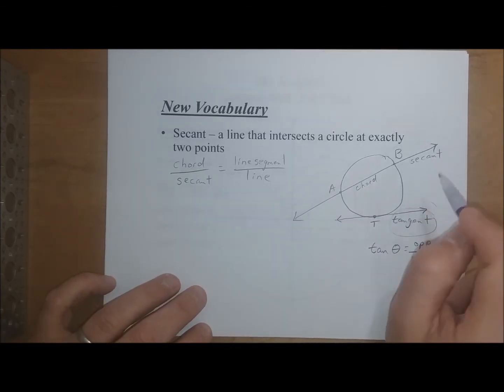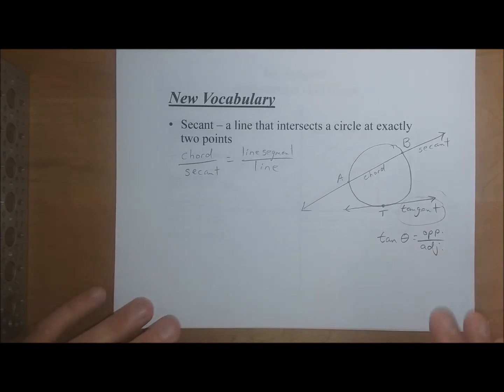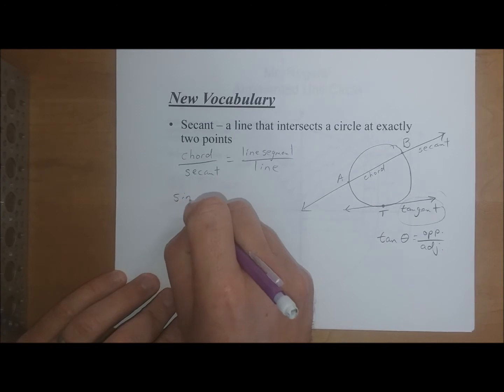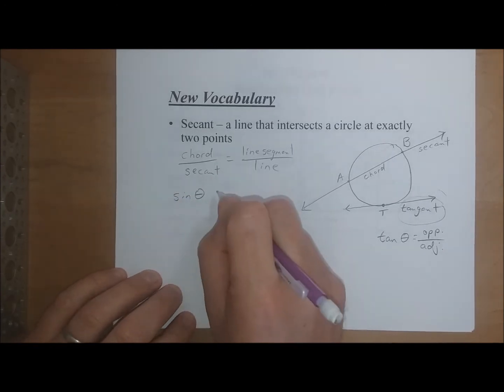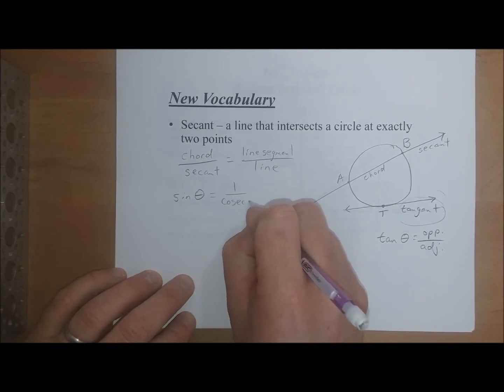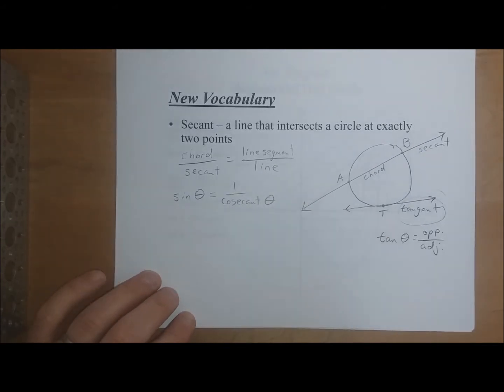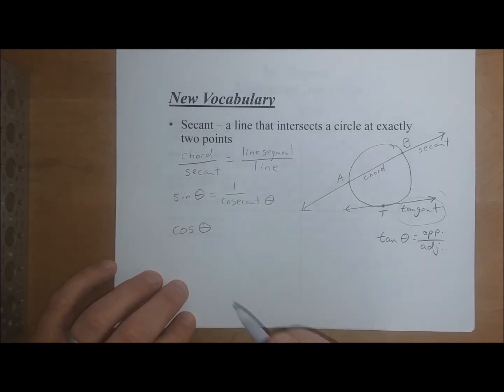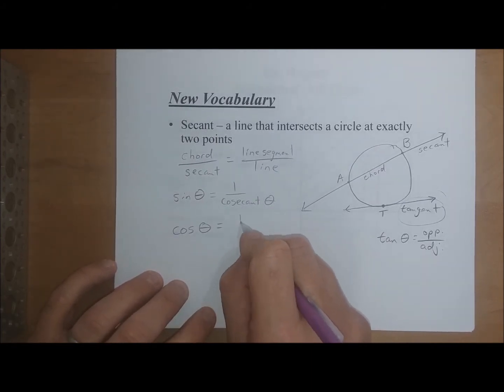And so this term secant, if you've studied trigonometry in greater depth, you'll remember that the sine of some angle theta equals 1 over the cosecant of that angle theta. And we also learn that the cosine of some angle theta equals 1 over the secant of theta.